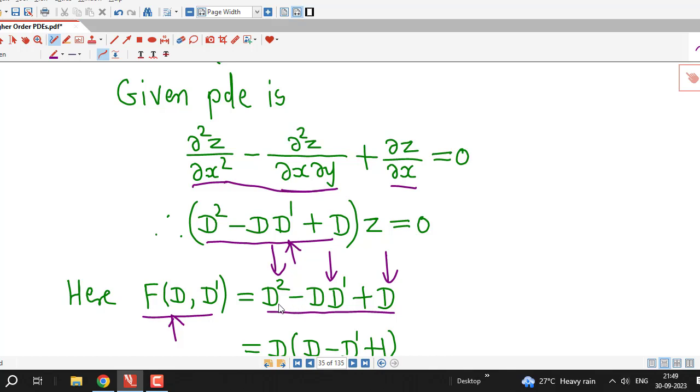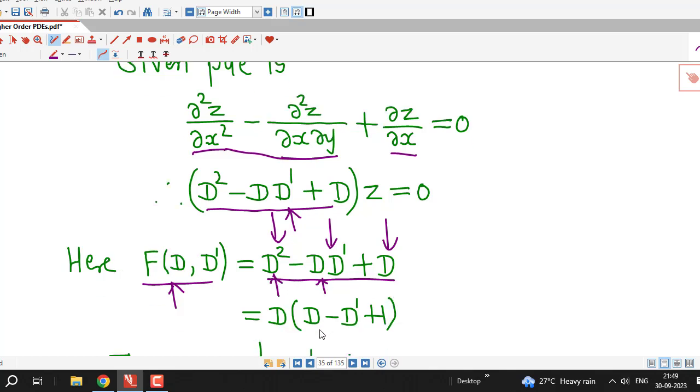But we can take d common from each term and we have d times d minus d dash plus 1. So here F(d, d dash) is a reducible operator. We are able to write it as a product of two linear factors of this form, bd minus ad dash minus c.